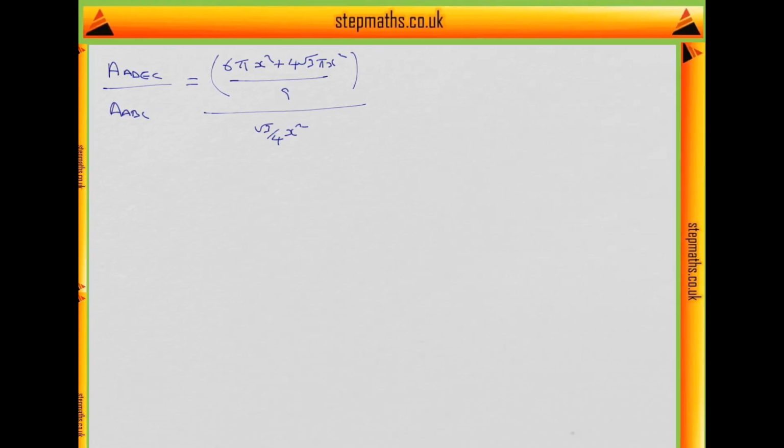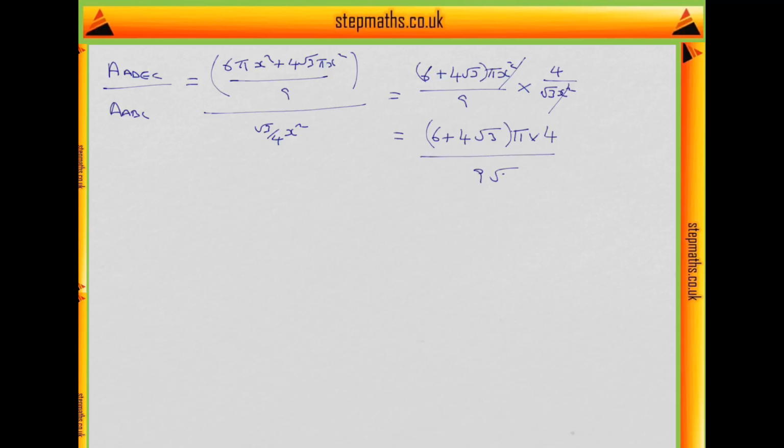Okay, so doing that, we get (6 plus 4 root 3), and we'll factor out the pi x squared over 9, and then we take the reciprocal, that's times 4 over root 3 x squared. So we see our x squared cancel.